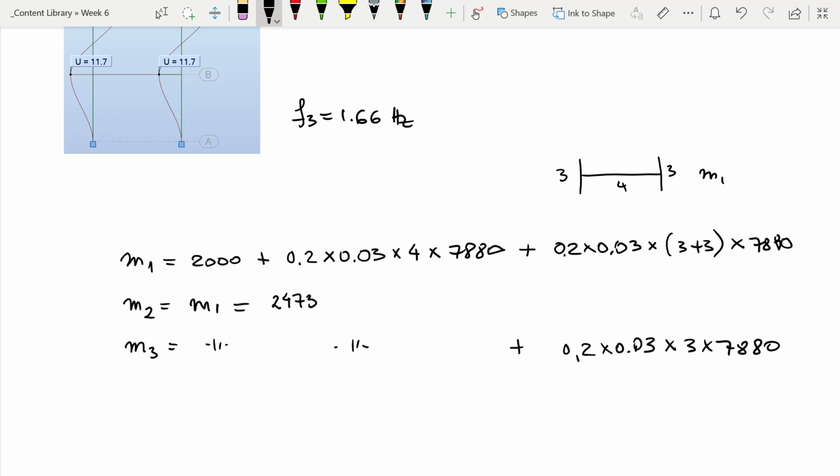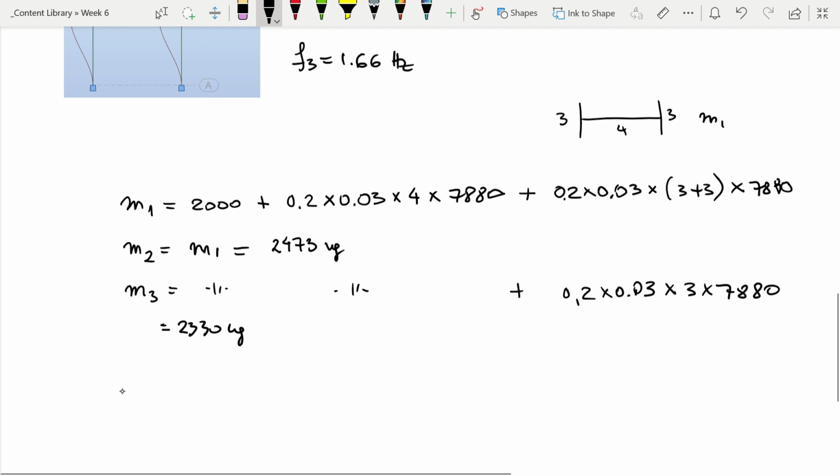And take away 0.2 times 0.03 times 7880 times 3, 2330. And M3 is equal to 2330 kilograms.